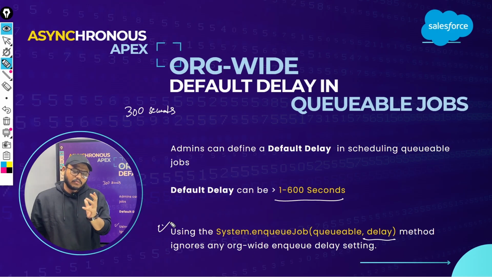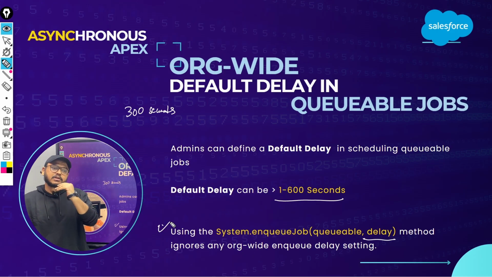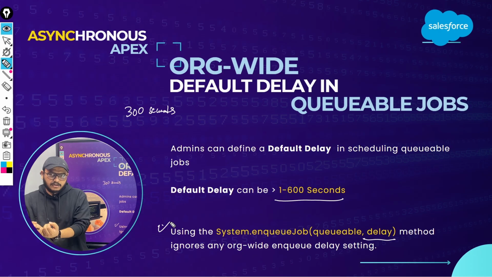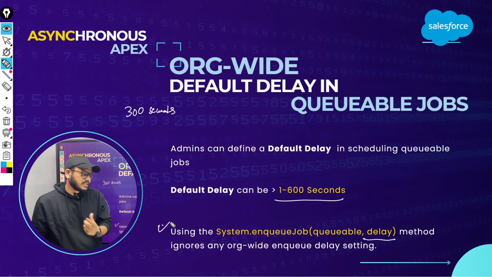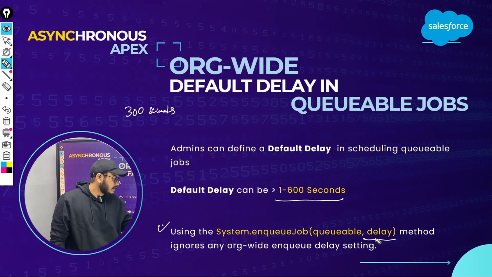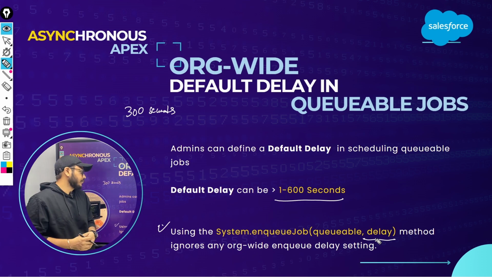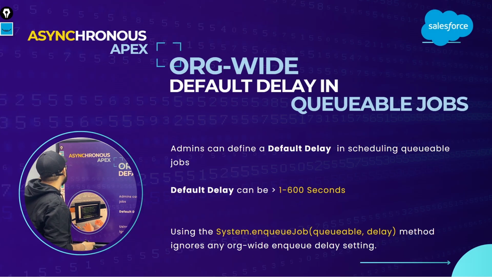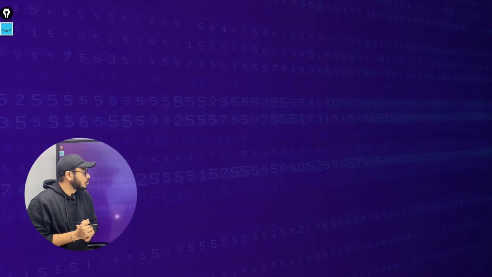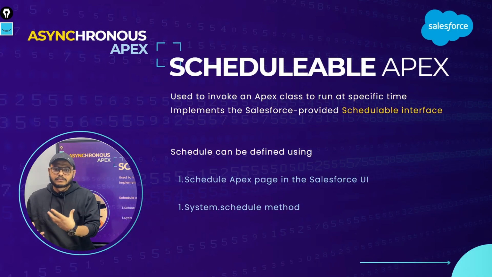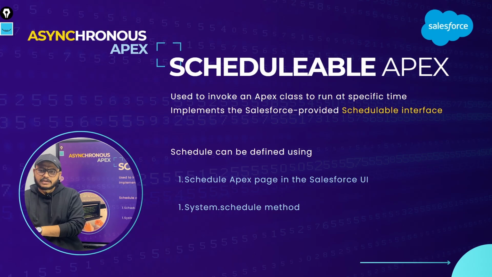So by default, the org-wide delay is applicable for executions where no specific delay is defined. However, if there is a specified delay mentioned in the method, then the org-wide default delay will be ignored, right? So these options are available for us to control when the specific job will get into the job queue.